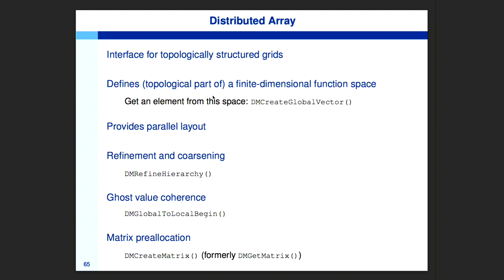So basically, the distributed array, which is our logically regular support, enables us to help handle transitioning between the parallel layout and the local layout that's used for evaluating, say, nonlinear functions. And it also can help with refining meshes and hierarchies.